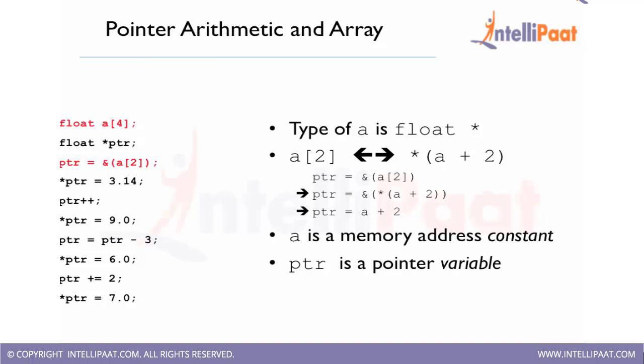The important point from this slide is that a is the memory location at which our array starts, which means a of 2 is equal to the value at address a plus 2.